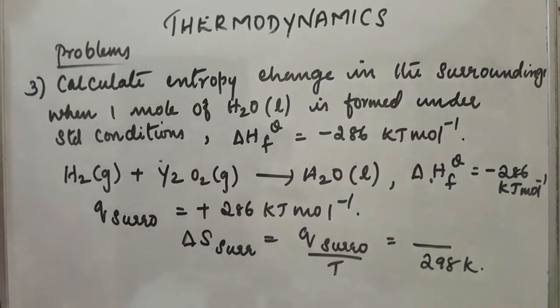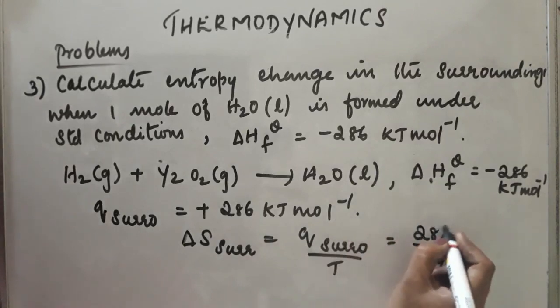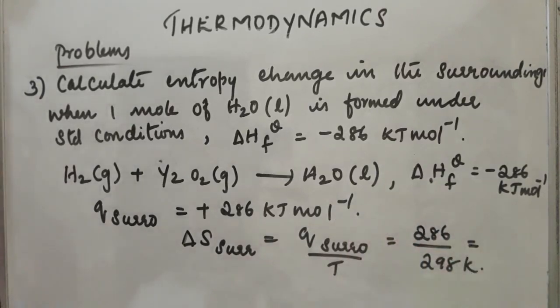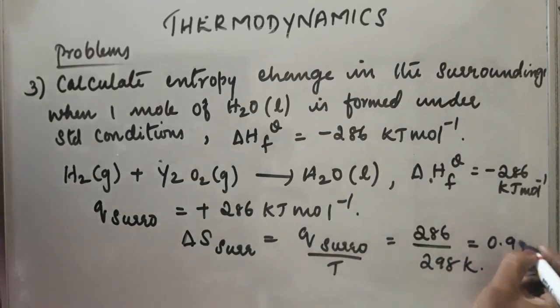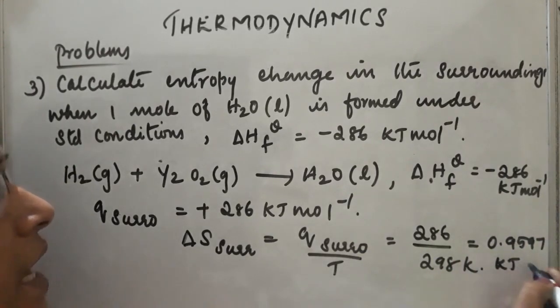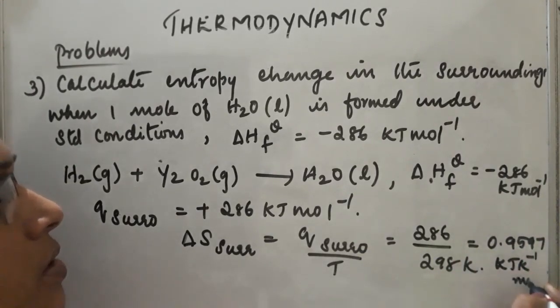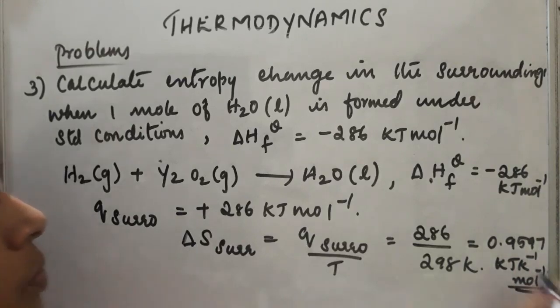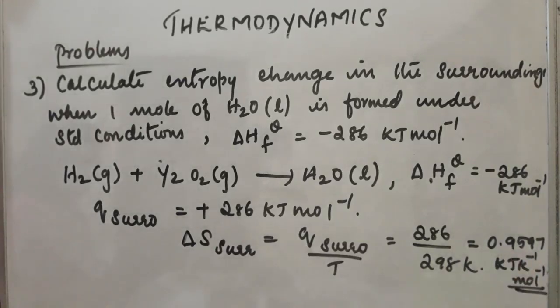So Q surroundings is 286, and the value is 0.9597 kilojoule Kelvin inverse mole inverse. This will be the unit.